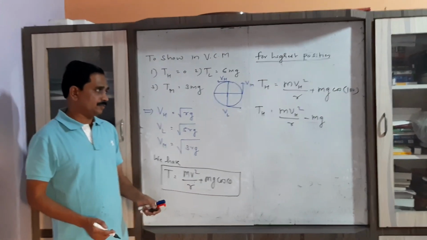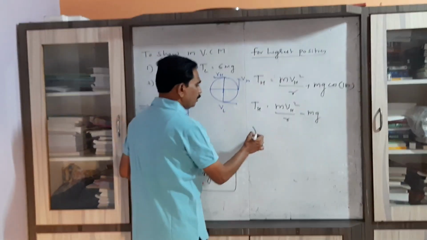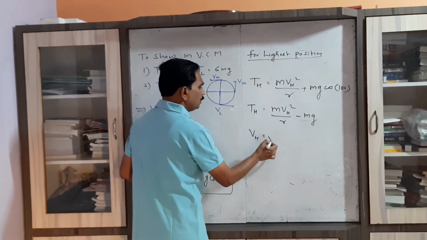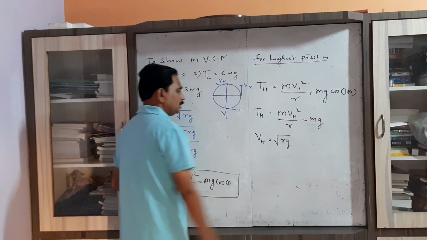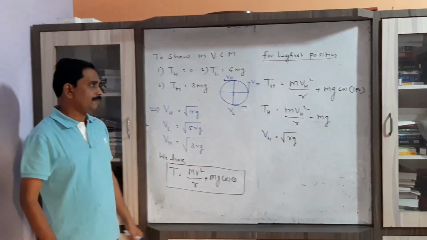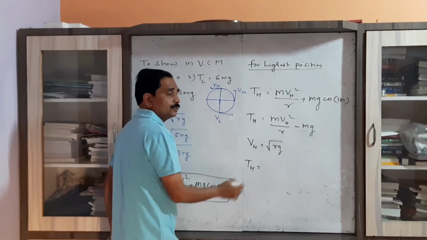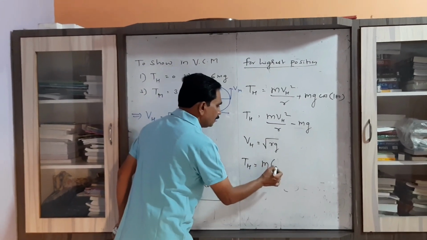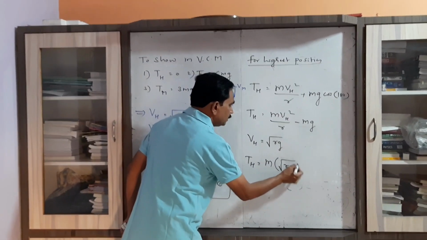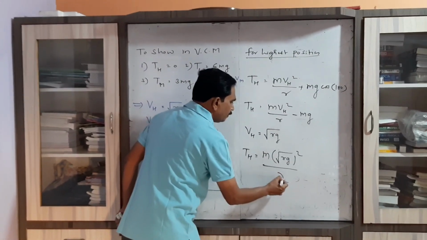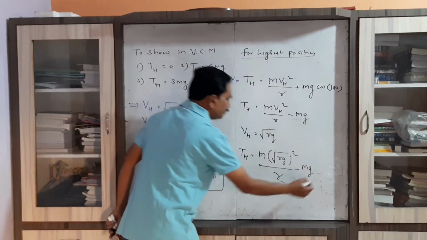Now here you have to put the value of velocity at the highest position, which is under root of rg. Therefore, I write the tension at highest position equals m under root of rg square divided by r minus mg.